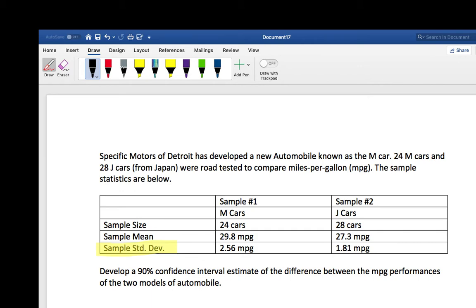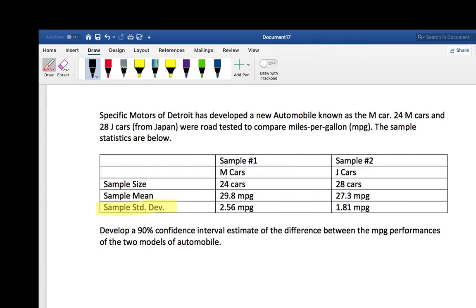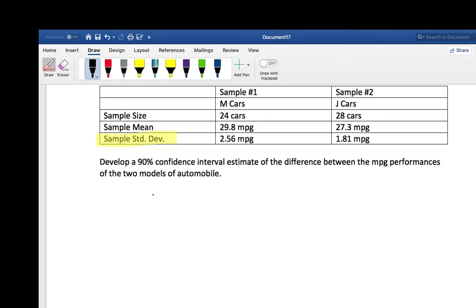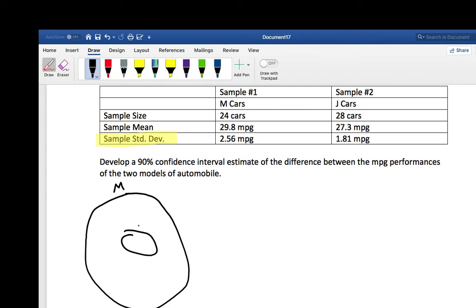So let's have a look at what they're actually asking us to find. Let me just restate the data first. From the population of M cars, we've got a sample of n equals 24 cars.